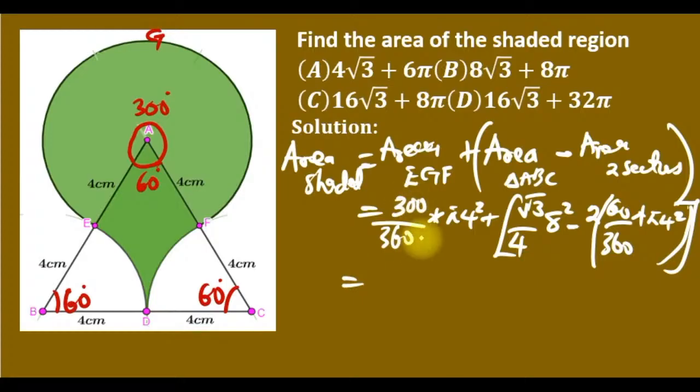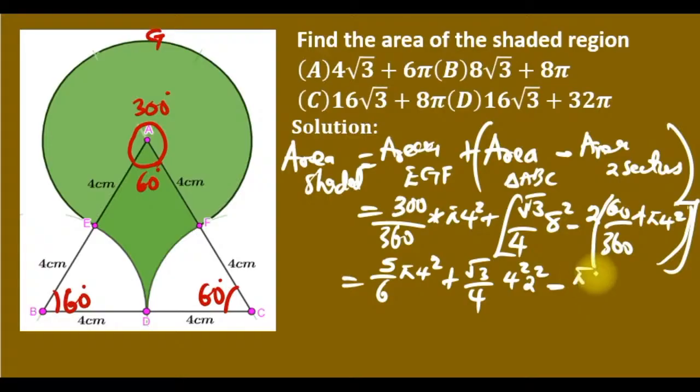So we have 300 over 360 is 5 over 6, so 5 over 6 pi 4 squared plus 8. You can write 8 as 4 times 2, so we have 4 squared times 2 squared, because 8 is 4 times 2, minus this, which is 120 over 360, so we have pi 4 squared over 3.